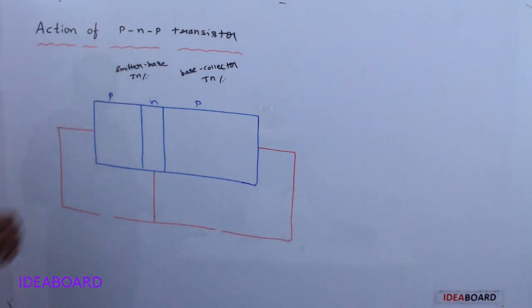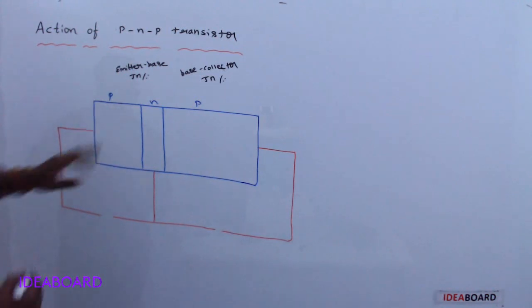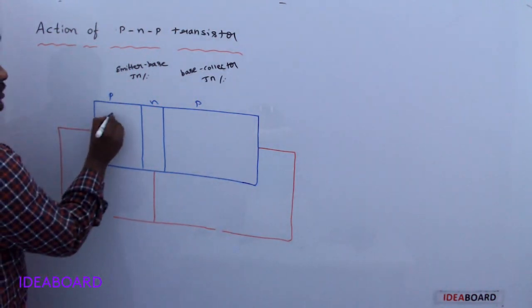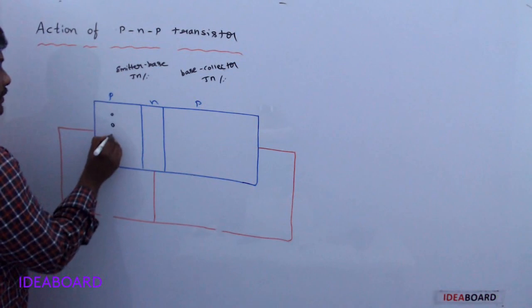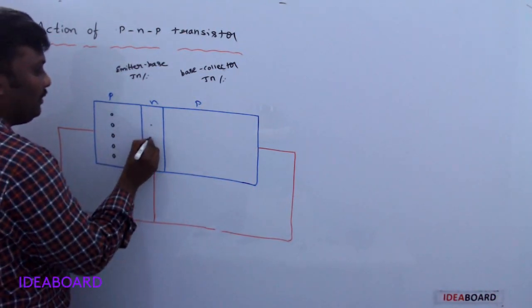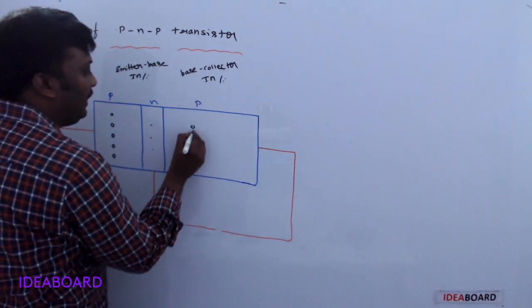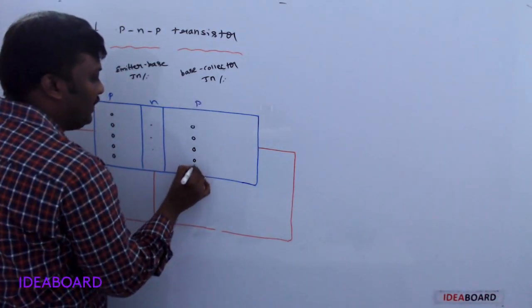Now, see the action of the PNP transistor. In P-type semiconductor, the majority charge carriers are holes. In N-type, the majority charge carriers are electrons, and again P-type, the majority charge carriers are holes.